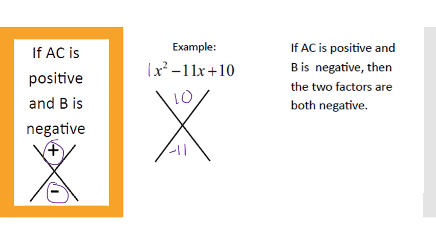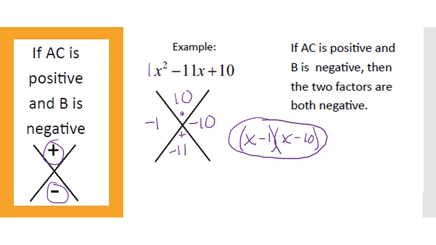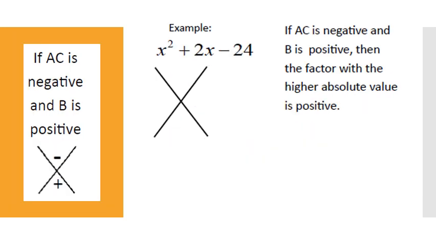The factors of 10 that will add to 11 would be 1 and 10, but they both need to be negative. When I add them together, I get negative 11. When I multiply them, I get 10. Since A is 1, I can go right to my solution. x minus 1 is one factor. The other factor is x minus 10.